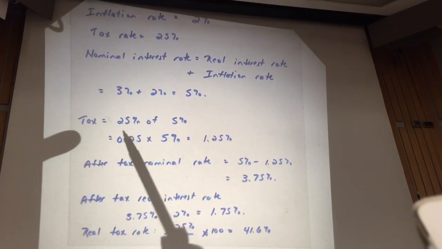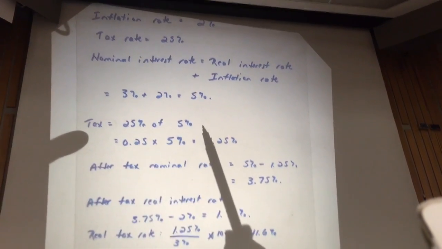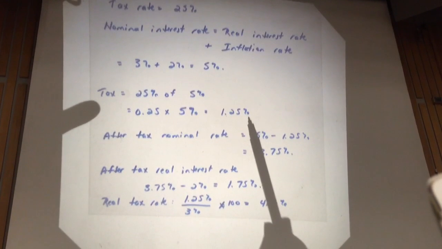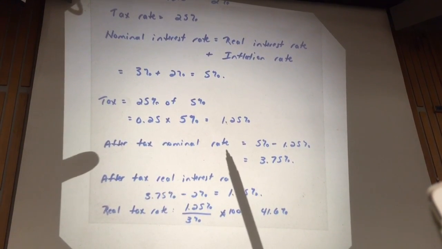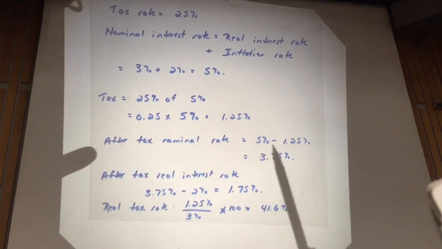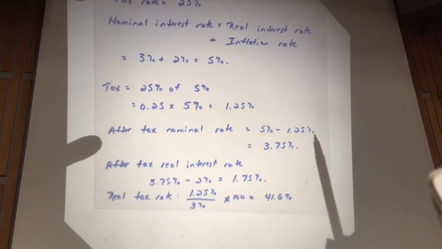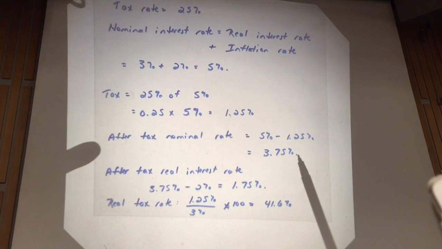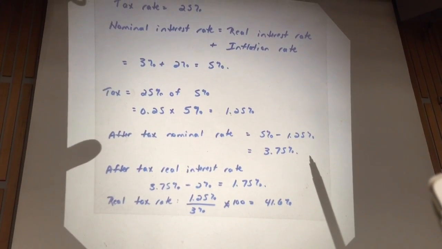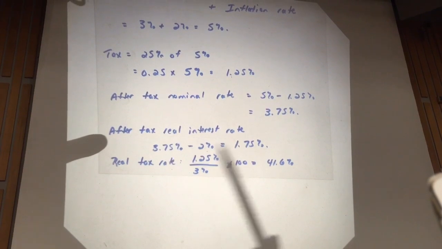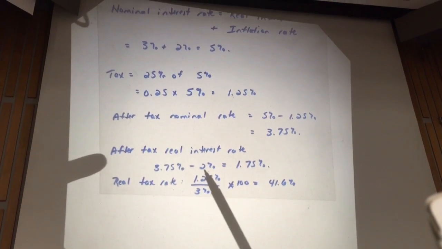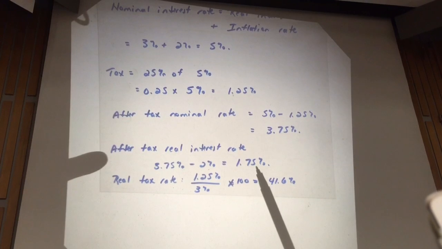The tax rate is 25% of 5%. 25% of 5% is 1.25%. My after-tax nominal rate is the 5% I was making minus the 1.25 I'm paying as tax. So my after-tax nominal rate is 3.75%. My after-tax real interest rate is the 3.75 I'm making here minus the inflation rate, which is 1.75%.